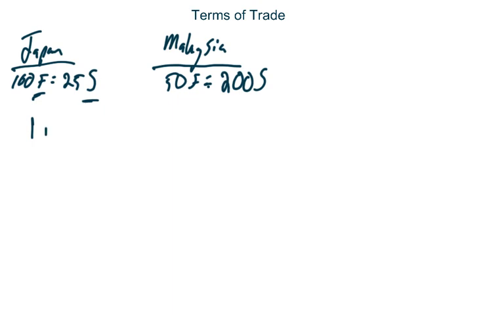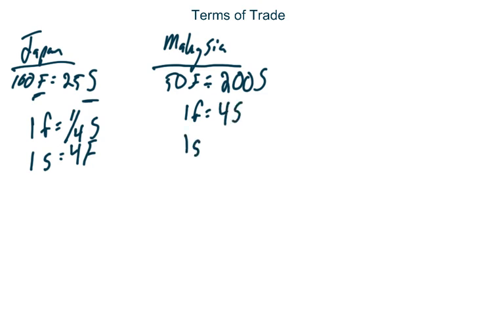So when Japan chooses to produce nothing but fish, it loses out on 1/4 of shrimp. And when they want to catch shrimp instead, they give up 4 fish. While Malaysia, when they want to go catch a fish, it's going to cost them 4 shrimp. And when they want to go catch shrimp, it's going to cost them 1/4 of a fish. What does this mean?